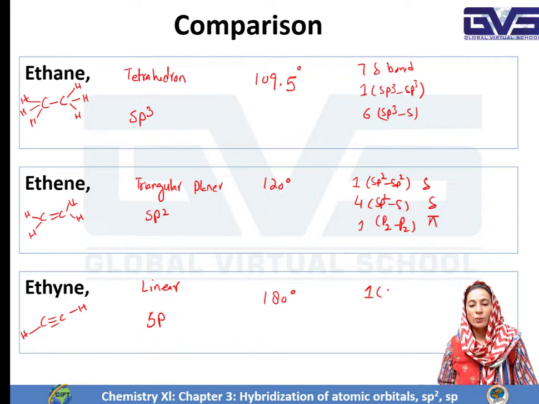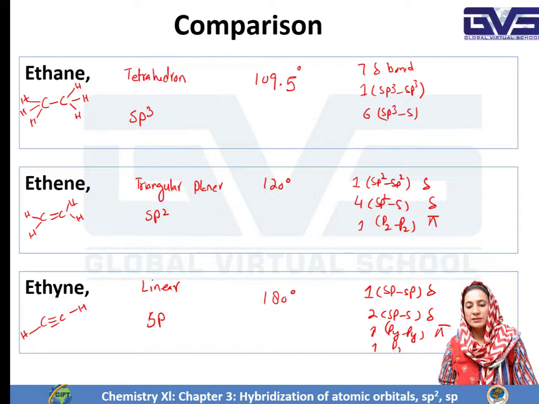Out of them, one is sp-sp sigma bond and 2 are sp-s sigma bonds, and one is py-py pi bond, and one is pz-pz pi bond.